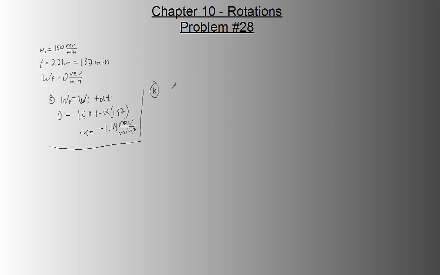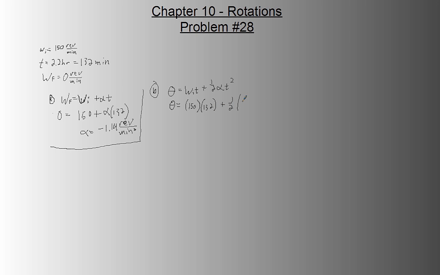More kinematics, so we can use theta equals omega initial t plus 1/2 alpha t squared, and we're looking for theta. Theta is, so we start off at 150 again, and we go for 132 minutes plus 1/2.